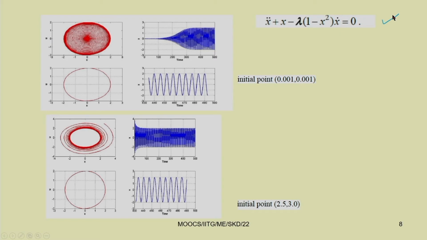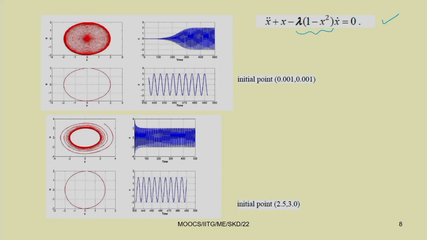This is the van der Pol oscillator: x double dot plus x minus lambda into (1 minus x square) x dot equal to 0. Let us examine this term. We have an x dot term, which is similar to a damping term.